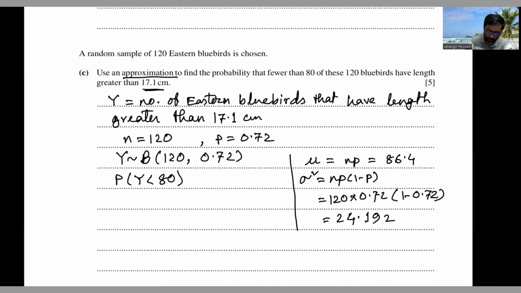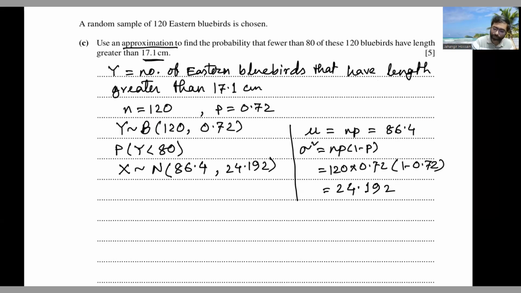So you can approximate the binomial distribution by a normal distribution, where the variable will be x. We are using a different variable because y denotes the number of bluebirds, which is a discrete variable, whereas a normal distribution is a continuous variable. Another reason is that since we are approximating the binomial distribution by a normal distribution, we need to do the continuity correction.